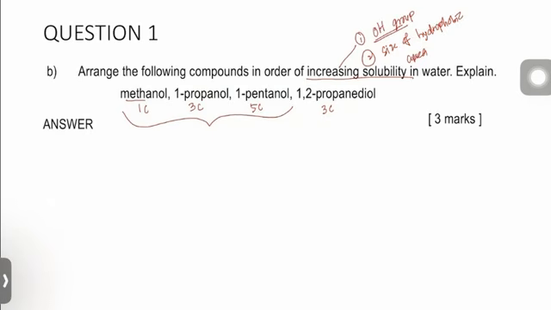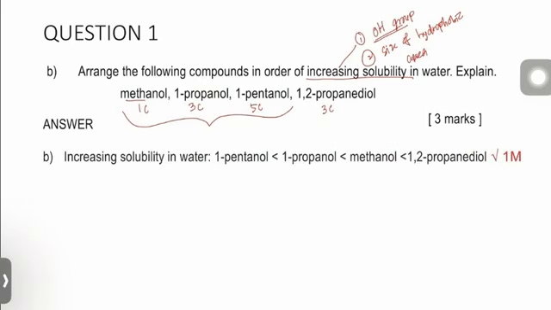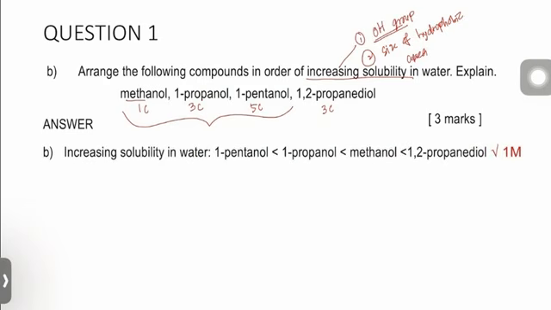Now that we know the factors, we can arrange these compounds in order of increasing solubility. The answer starts from 1-pentanol, followed by 1-propanol, methanol, and the most soluble compound is 1,2-propanediol.